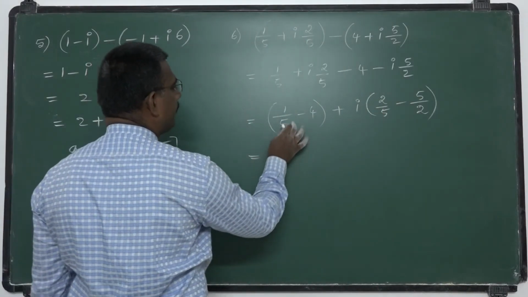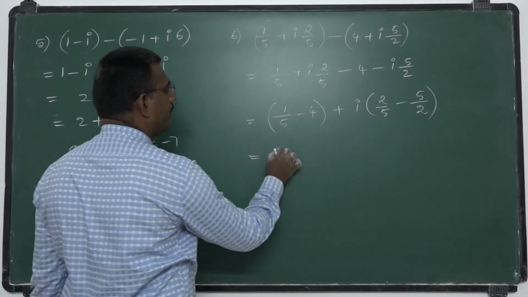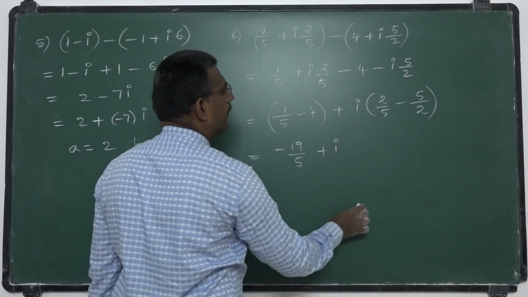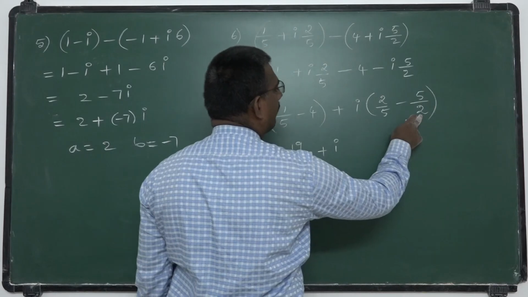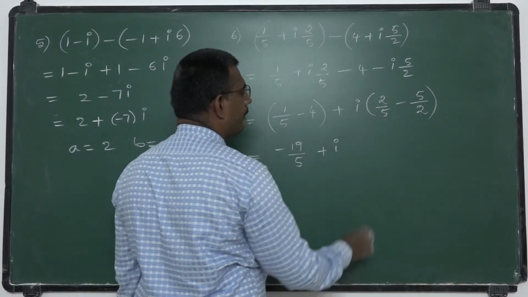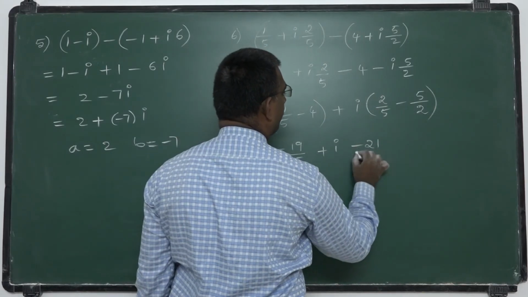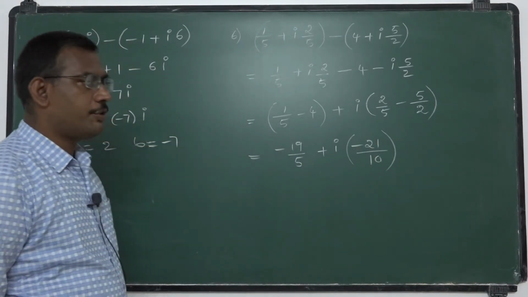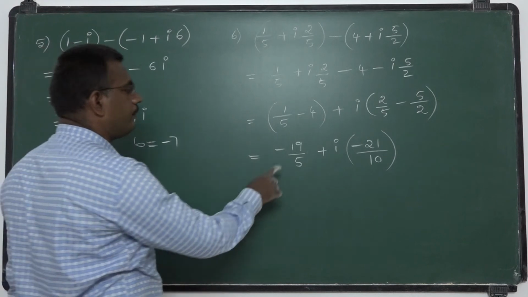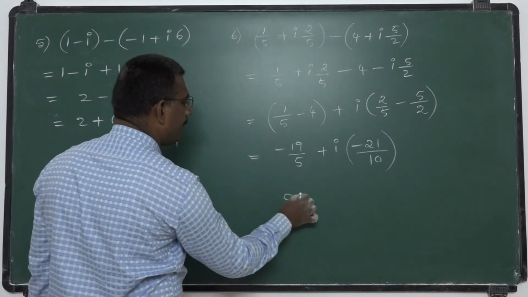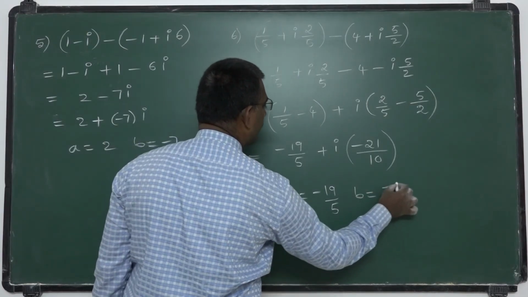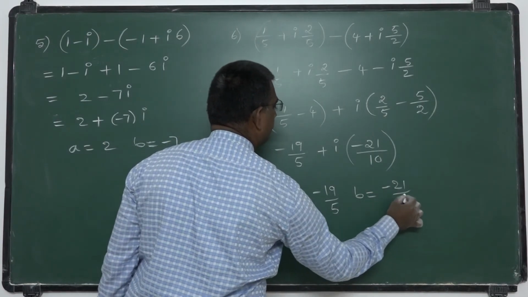So here LCM is 5, 1 minus 20, that is minus 19 by 5, plus i into, here LCM is 10, so 4 minus 25, that is minus 21 by 10. So this is in the form of a plus ib. Here a equal to minus 19 by 5 and b is equal to minus 21 by 10.